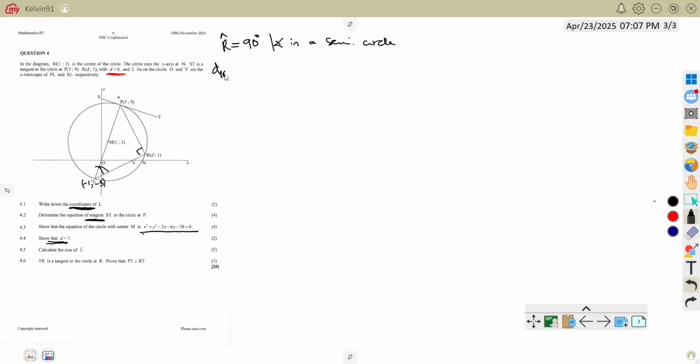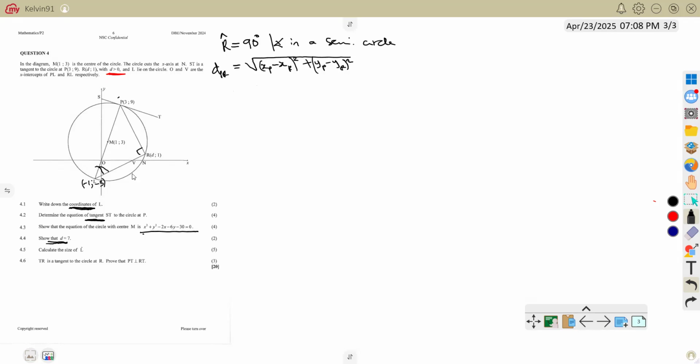So it's going to be x at P minus x at R squared plus y at P minus y at R squared.